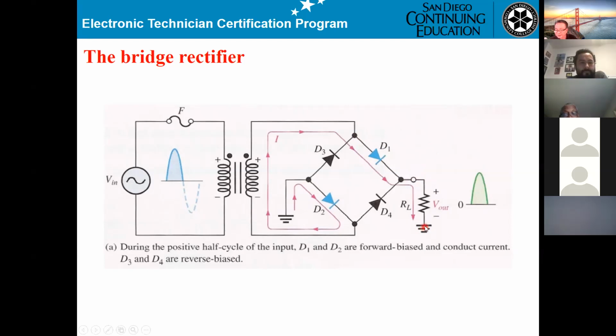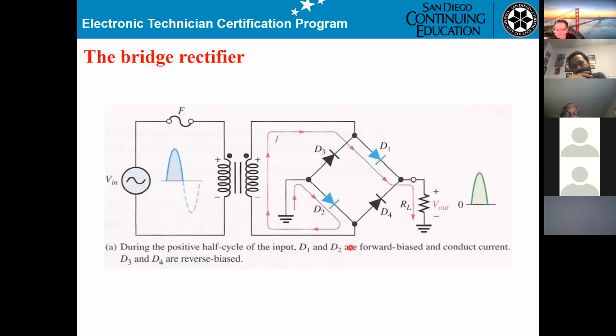Okay, now how come D2 is also on? Because the cathode of the secondary is connected with the D2 cathode. That's okay, but that's not explaining why D2 is on.